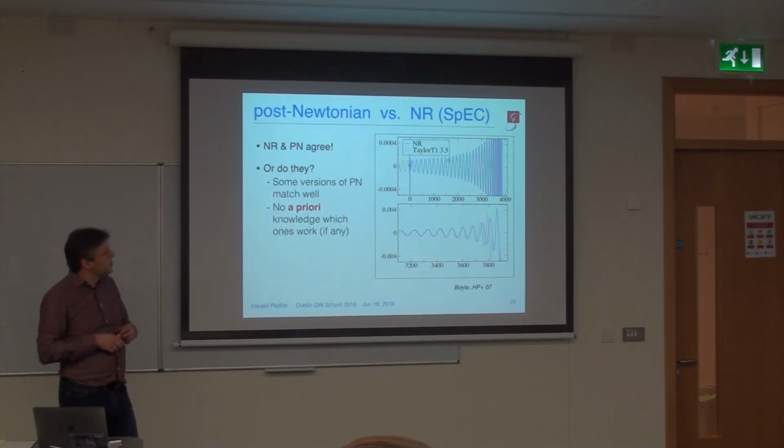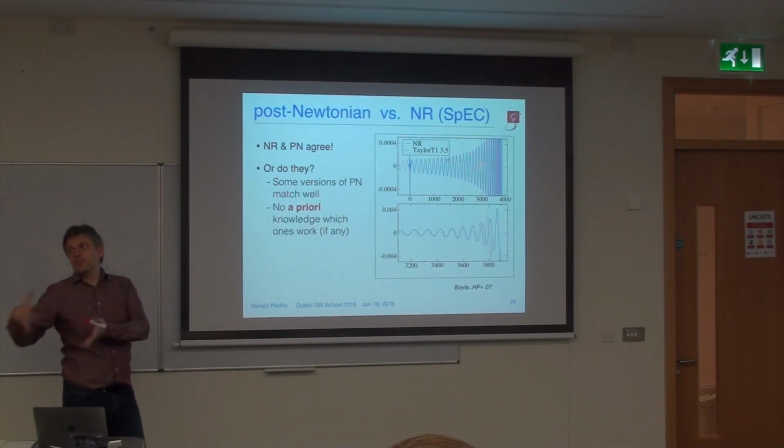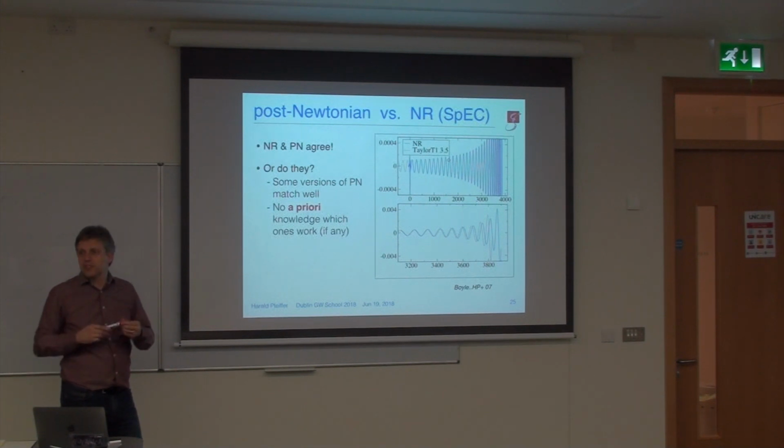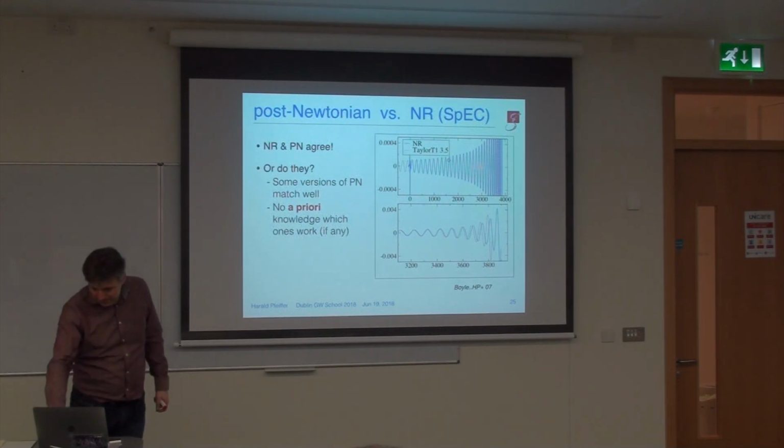If you change the approximant for equal mass non-spinning, like going to Taylor T3 or T1, it doesn't work. If you keep Taylor T4 but change the mass ratio, it also doesn't work as well anymore. It was a pure coincidence that Taylor T4, in the simple case that everybody was comparing first, worked so well.